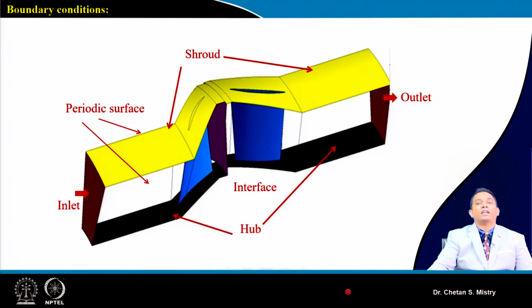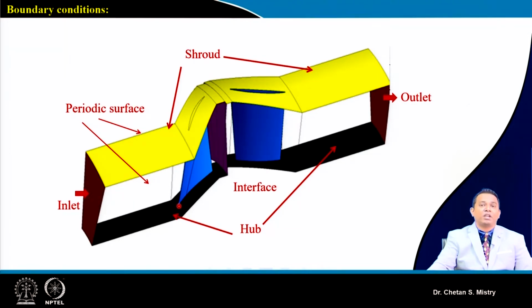Suppose we are analyzing a multi-stage machine, then we must have numbers for the gap between two stages. That gap we will put here, and for the exit we will configure the outlet domain in the same way. Once we have decided this, here this is my blade surface, and this represents the hub.